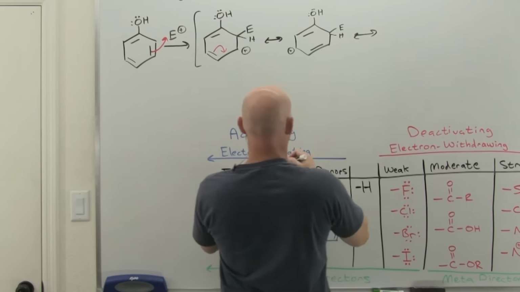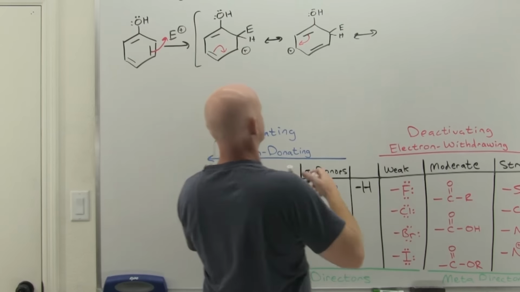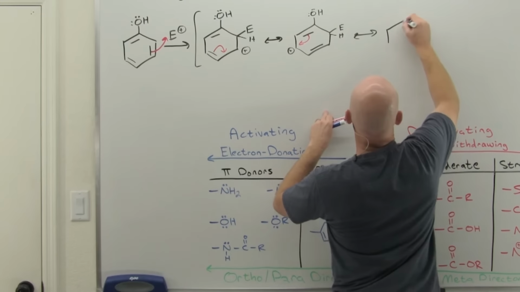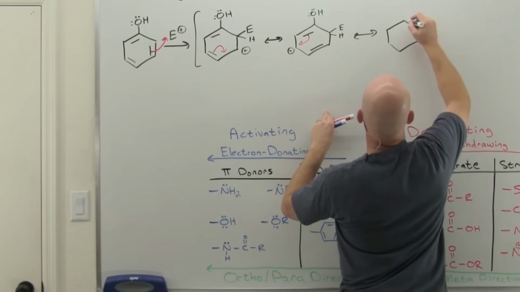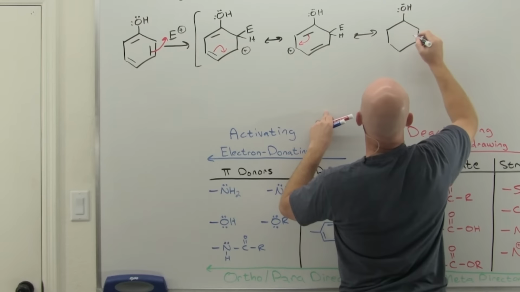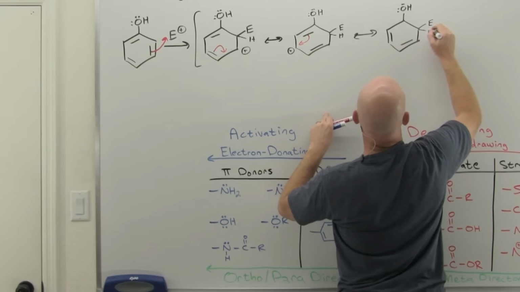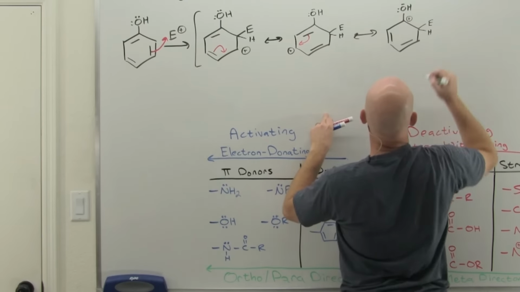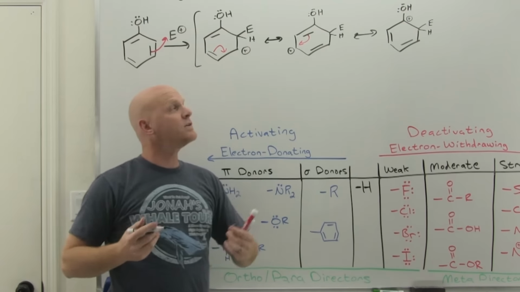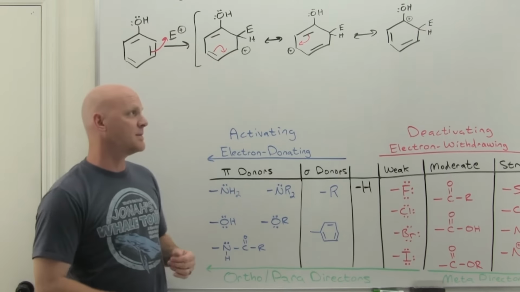But we're still one bond away from pi electrons, so we'll move these over here as well. All right, so we got our standard 3 resonance structures with any EAS reaction for the sigma complex.